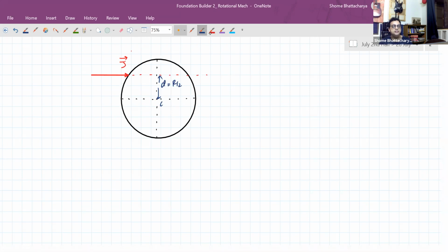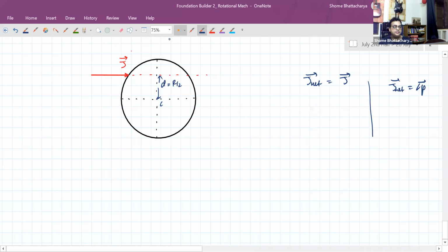Okay. So when we talk about net impulse, that is going to be J over here, and net impulse is equal to change in linear momentum. So before the impulse acted, it was at rest. So VCM was zero, and omega about the center of mass was also zero. But after application of the impulse, it will start moving such that the center of mass is moving horizontally and it rotates about the center of mass.